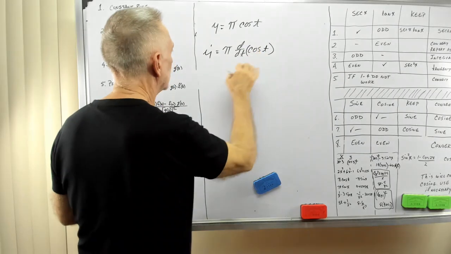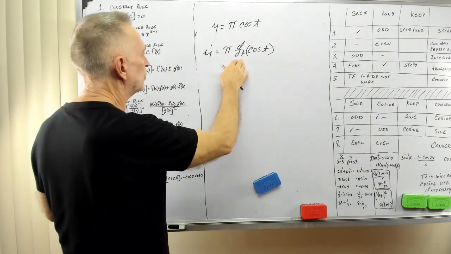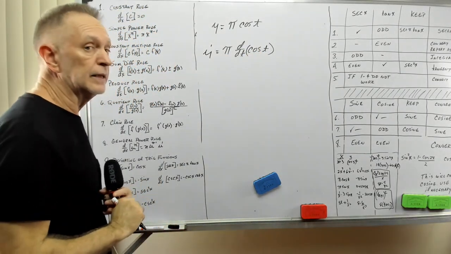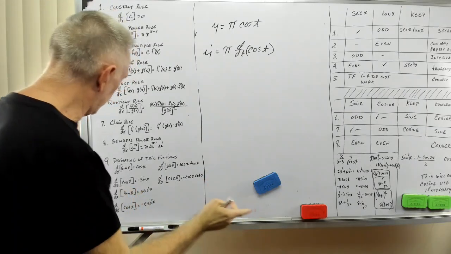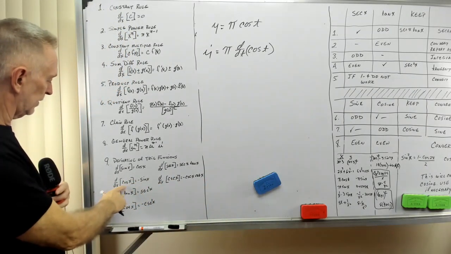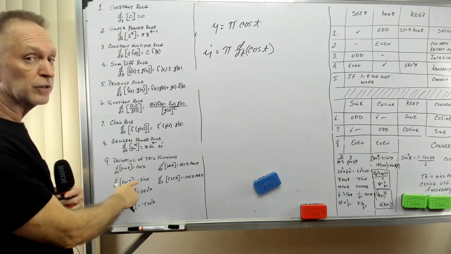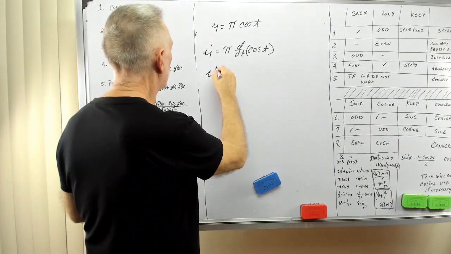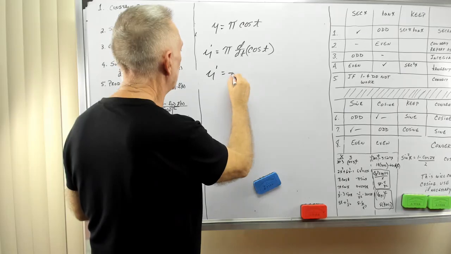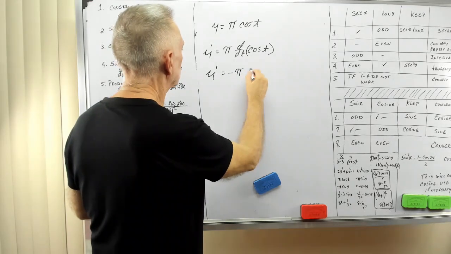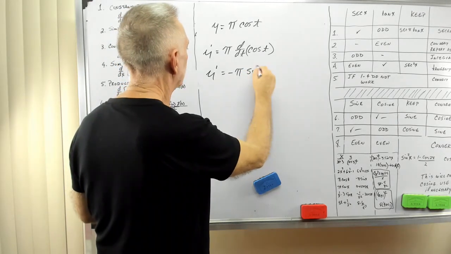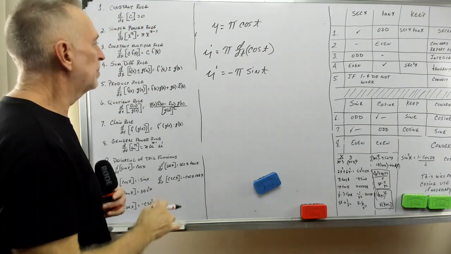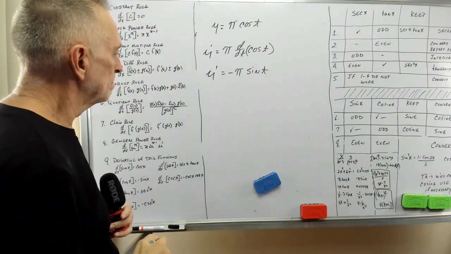And I can then say, well, it's pi times the derivative of cosine t. What is the derivative of cosine? Okay, the derivative of cosine is minus sine. So I end up with y prime equals minus pi sine t.